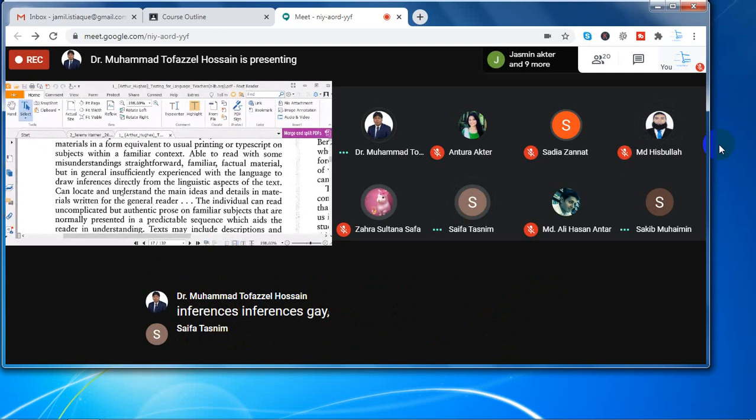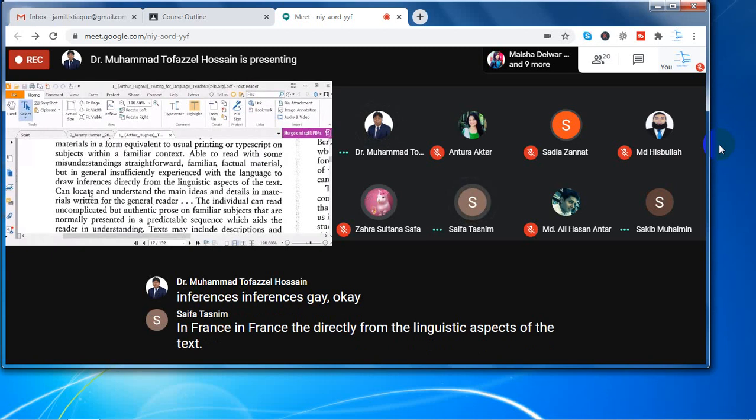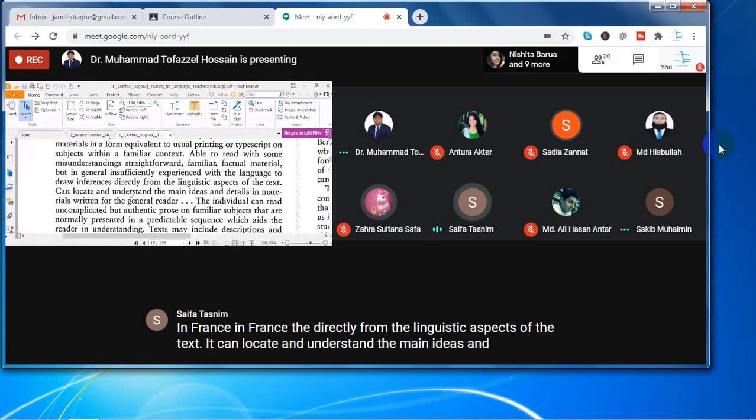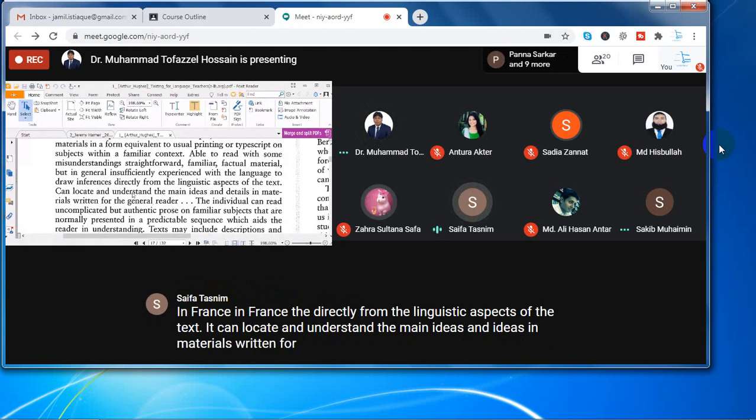Guess. Okay. inferences directly from the linguistic aspects of the text. It can locate and understand the main ideas and ideas in materials written for the general reader.